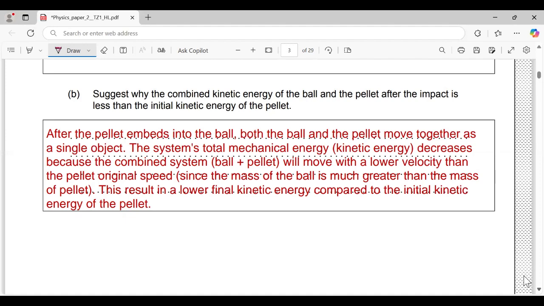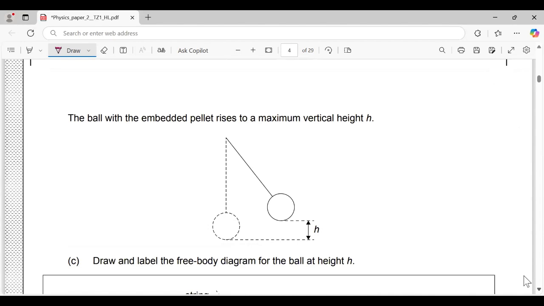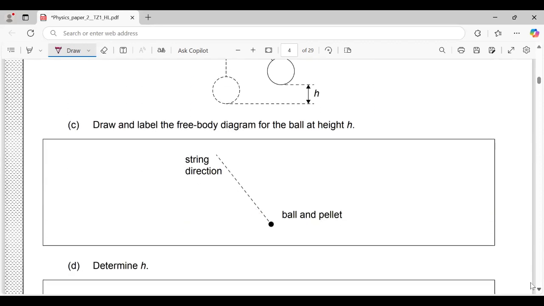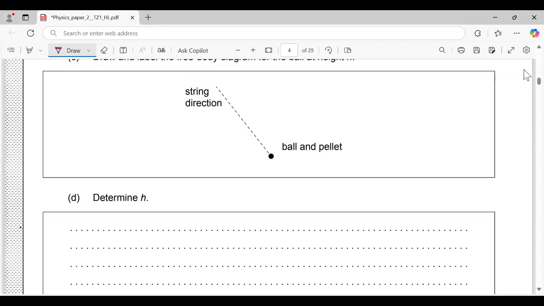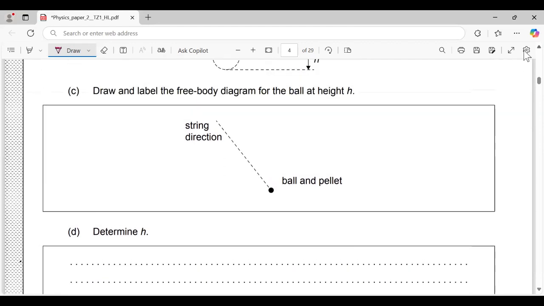I think clear. Next. The ball with the embedded pellet rises to a maximum vertical height. Draw and label the free body diagram for the ball at height. So the directions are, the tension is this one with two upwards arrows.